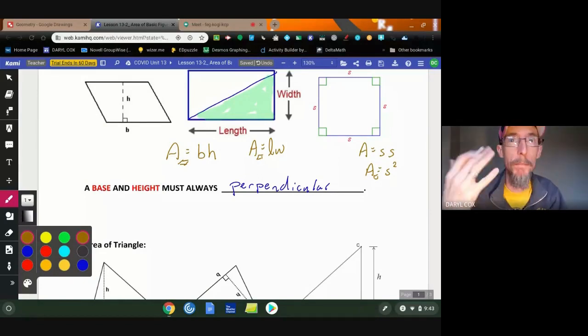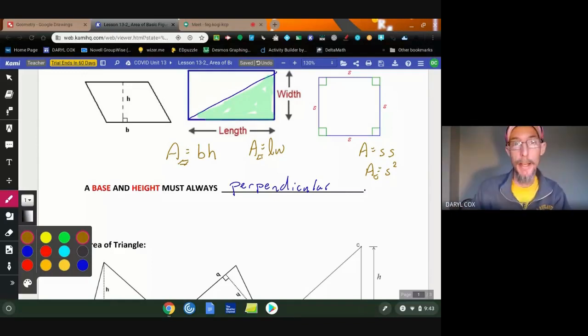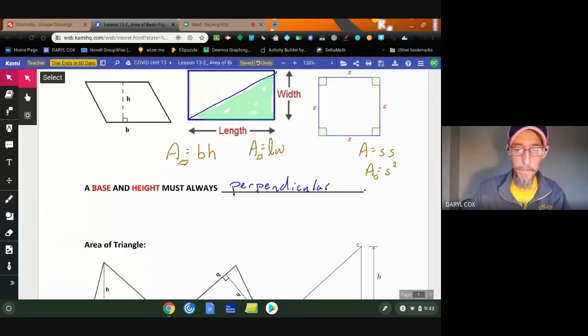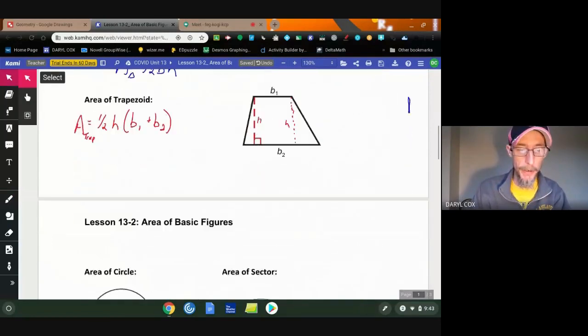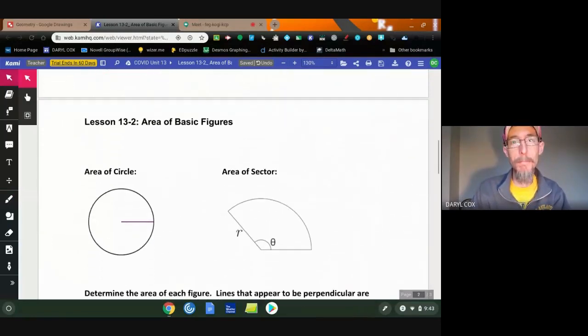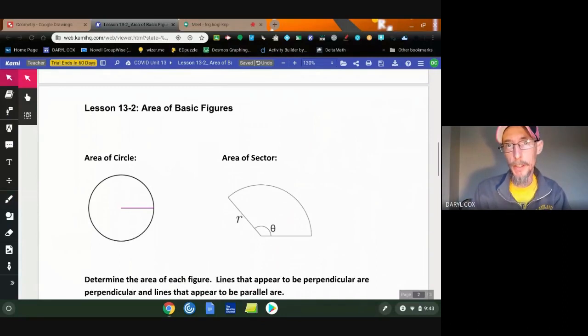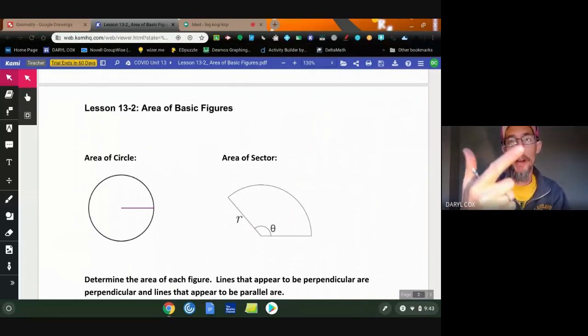Okay, if it's a composite shape made up of a bunch of different shapes, I need to break up my areas and label them properly. Okay, so there's our formulas, and those are the basic figures that we need to know. Are there other figures? Sure there are, but if you stick with the rectangle, triangle, and trapezoid, or really parallelogram, triangle, and trapezoid, you can basically figure out most polygons.